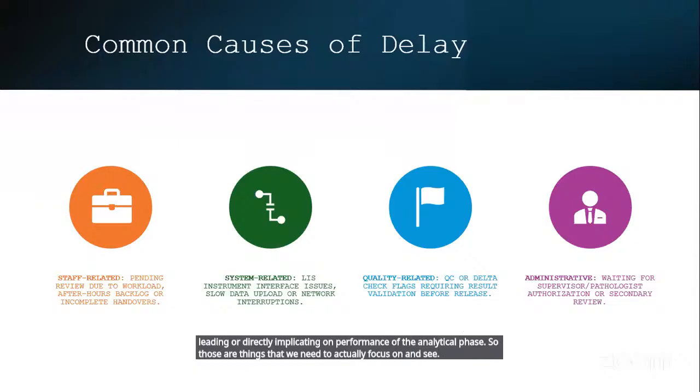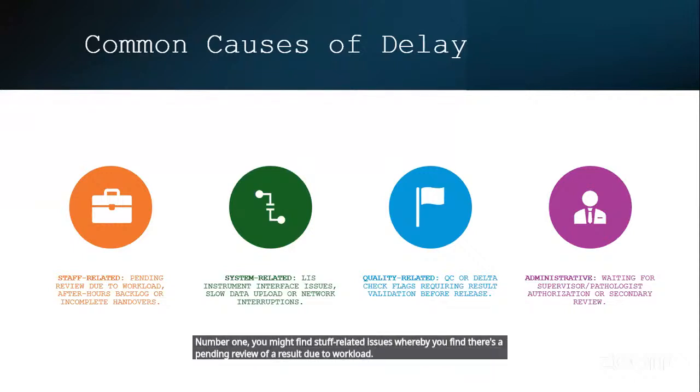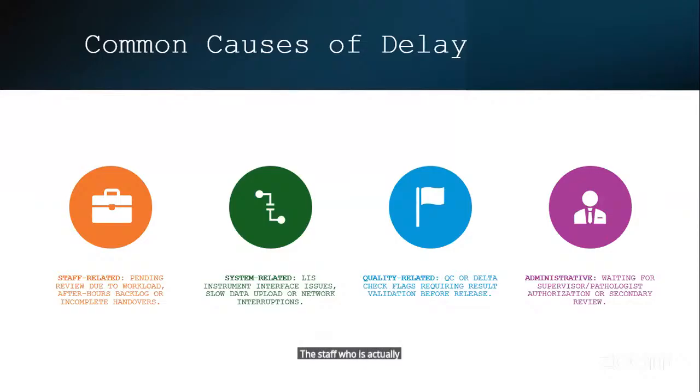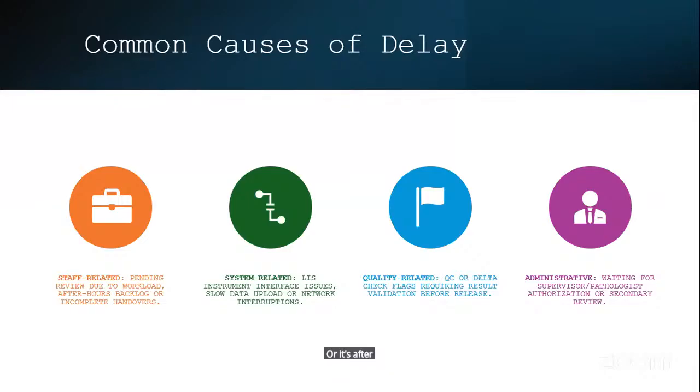So common causes of delays when it comes to this aspect is, number one, you might find staff-related issues whereby you find there's a pending review of a result due to workload. The staff who is actually supposed to review those results is busy with competing responsibilities. The workload has become too much, they are focused on other things, okay? Or it's after hours backlog.